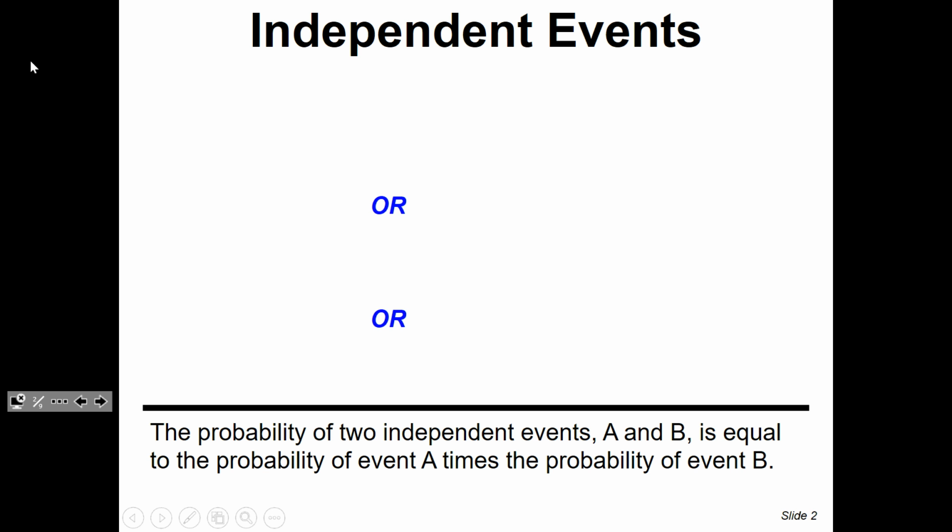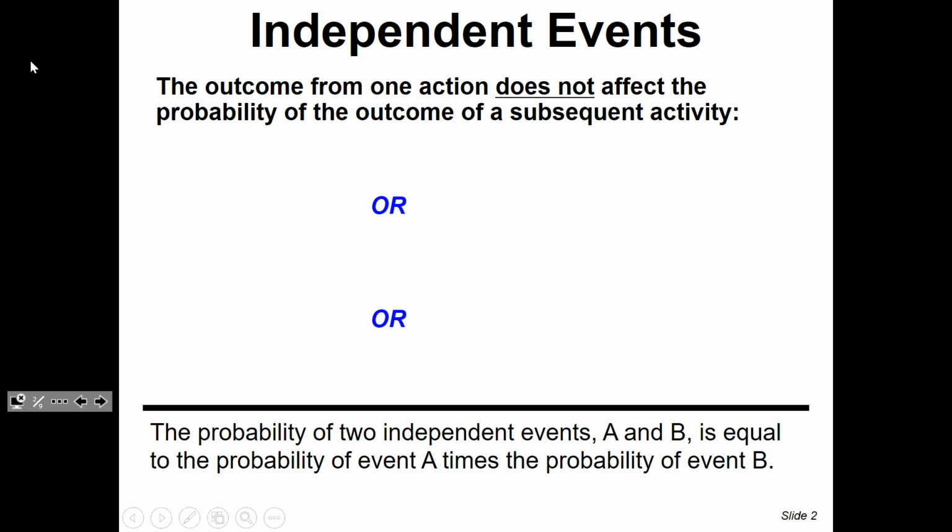Okay, so first, on that top line for your definition of independent events, we've got that it is the outcome from one action does not affect the probability of the outcome of a subsequent activity.